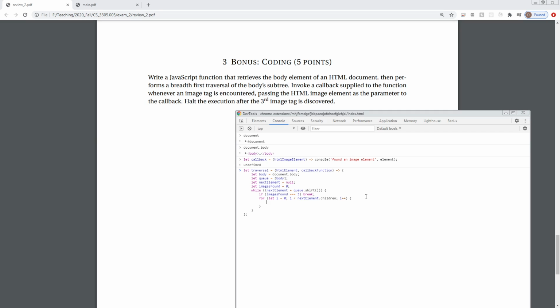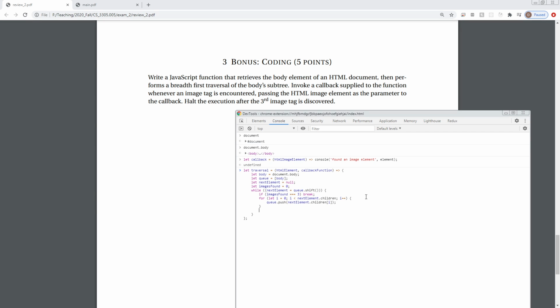So queue dot push, and again in a standard queue interface this would be enqueue or something similar, but the way JavaScript defines it, it's push. Okay, and so then we access it in an array fashion, and that's it.